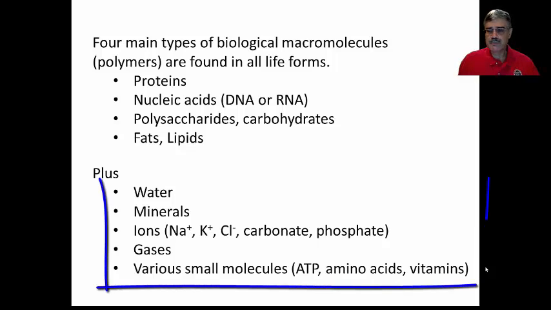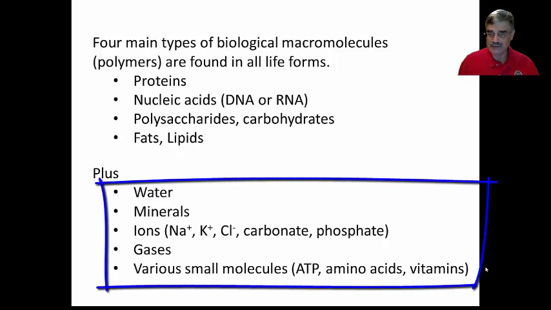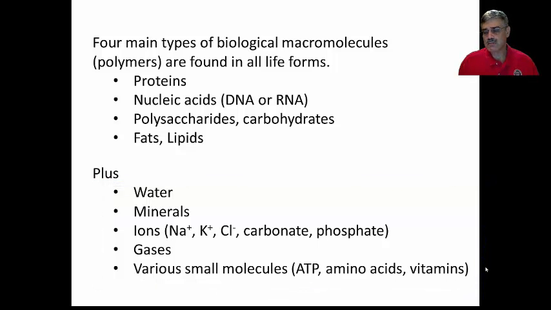In addition, other important components of living systems are water, as we said, 60% of our mass is water, various minerals such as calcium, magnesium, ions, sodium ion, potassium ion, chloride ion, carbonate, phosphate, which are needed for nerve conduction and in communication between cells, gases such as oxygen and carbon dioxide, and other various small molecules.